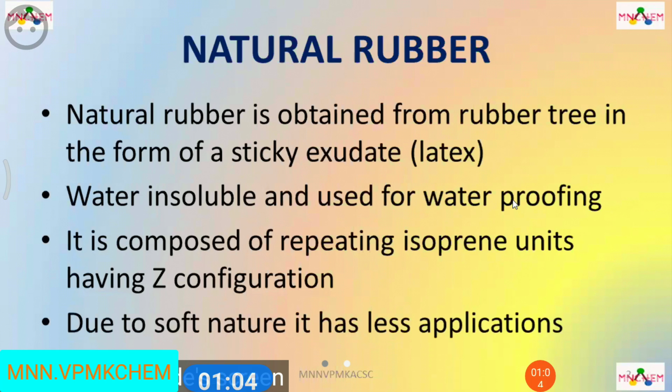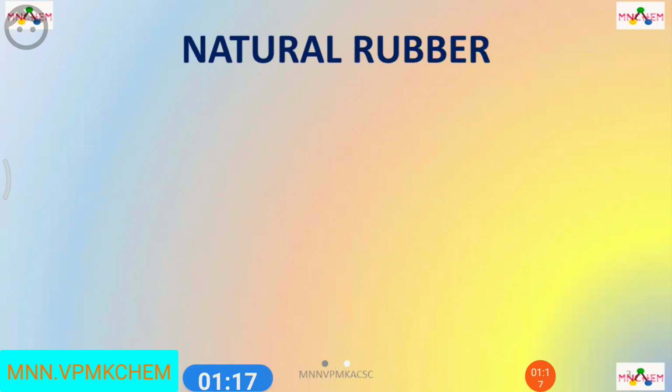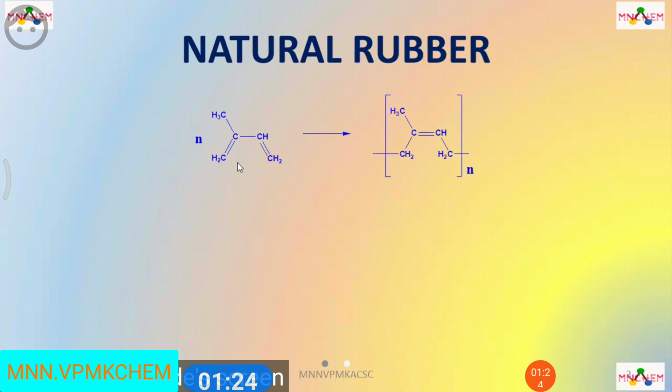Because of its soft nature and because it easily undergoes erosion, natural rubber has limited applications. The monomer found in natural rubber is 2-methyl-1,3-butadiene, or isoprene. It undergoes polymerization and forms natural rubber, which is called polyisoprene.